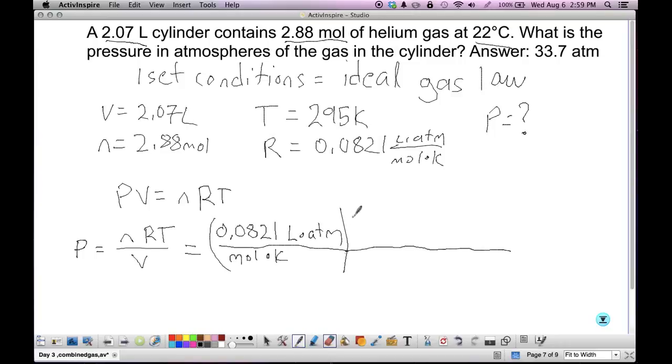Okay, my number of moles is 2.88 moles. My temperature is 295 Kelvin. And my volume is 2.07 liters.